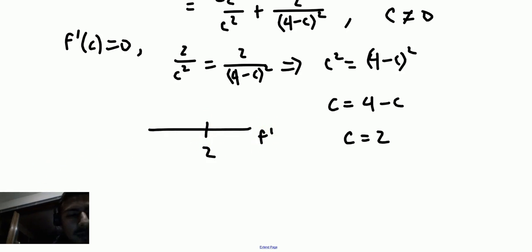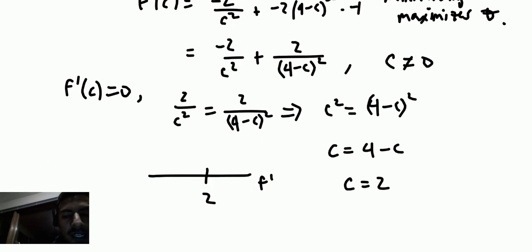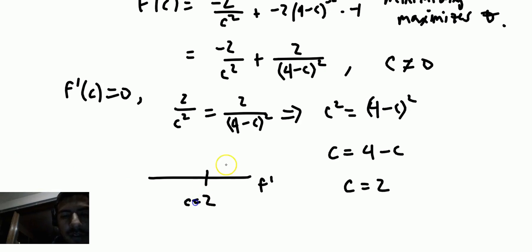Doing my line test, I want to make sure I get a sign change from negative to positive. For C equal to 1, I get negative 2 plus 2 over 4 minus 1 is 3, so 2 over 9.